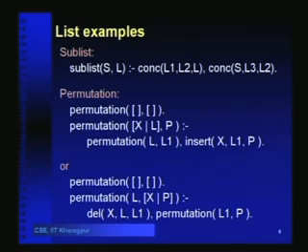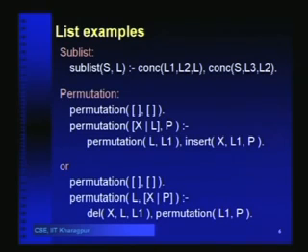You can write it in terms of delete, where you say that L is a permutation of X bar P, provided that by deleting X from L we get L1, and then L1 is a permutation of P. Why do you change the order? You can write it in that order also.